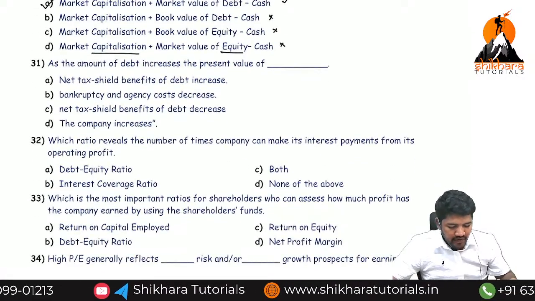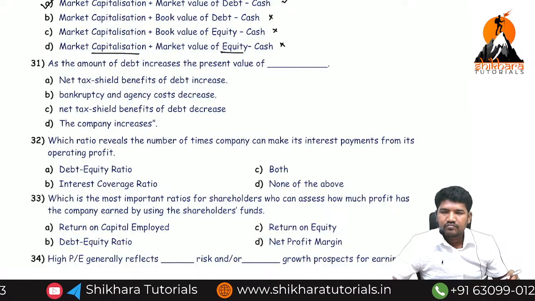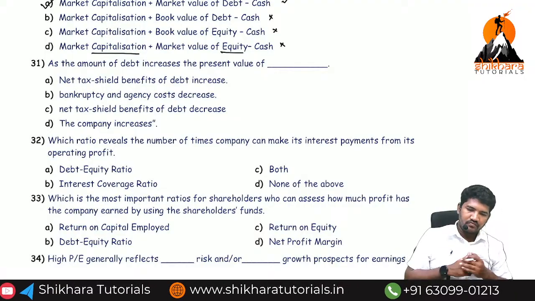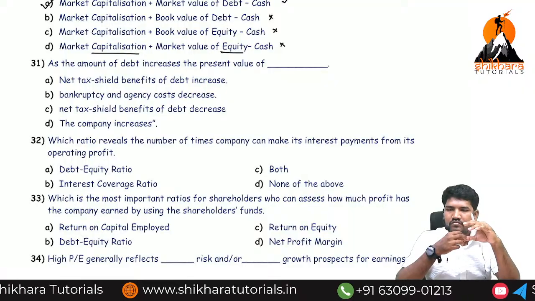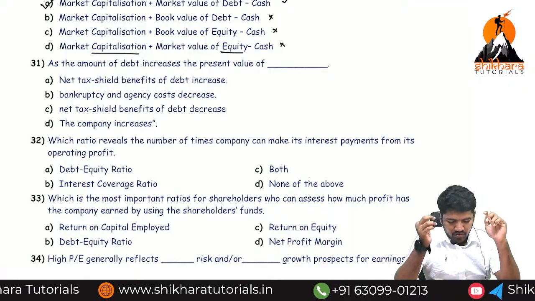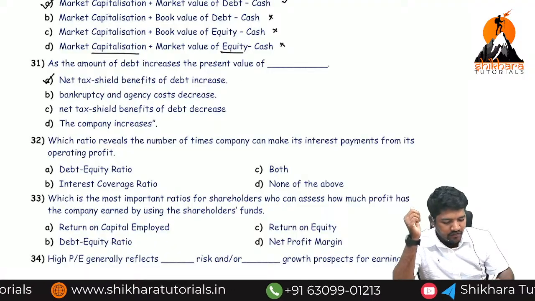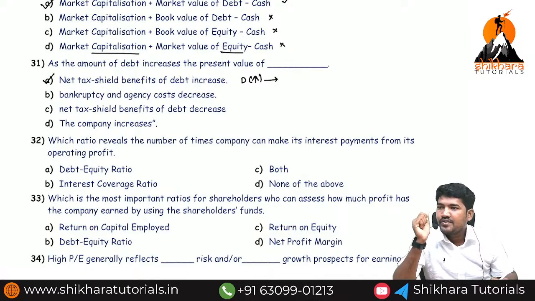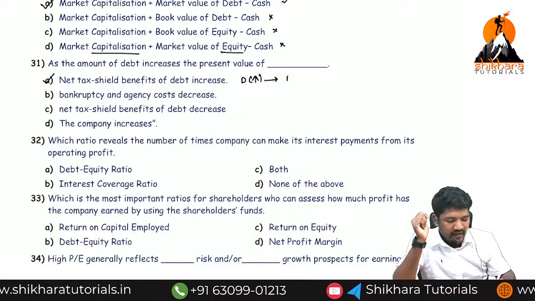Next, MCQ number 31. As the amount of debt increases, the present value of dash. So, net tax shield benefit of debt increases. Yes, I agree. Why? Because if debt increases, as per the MM approach, firm value calculation has debt into tax rate.